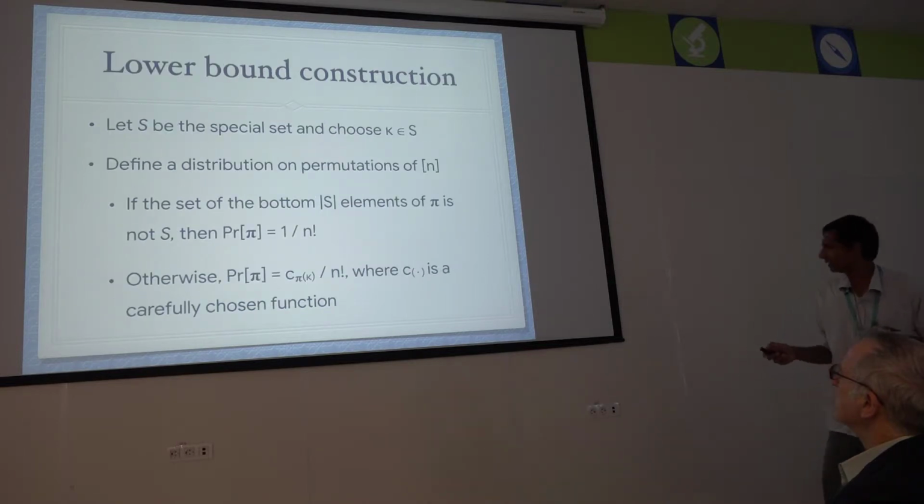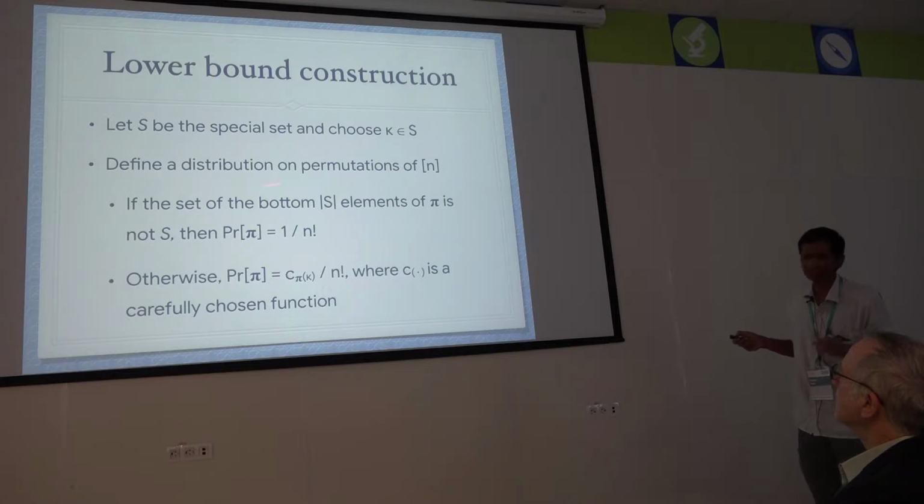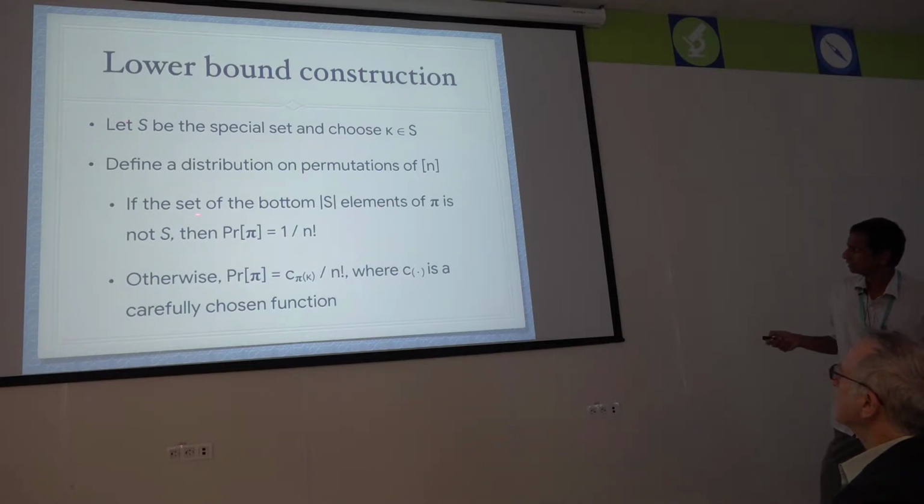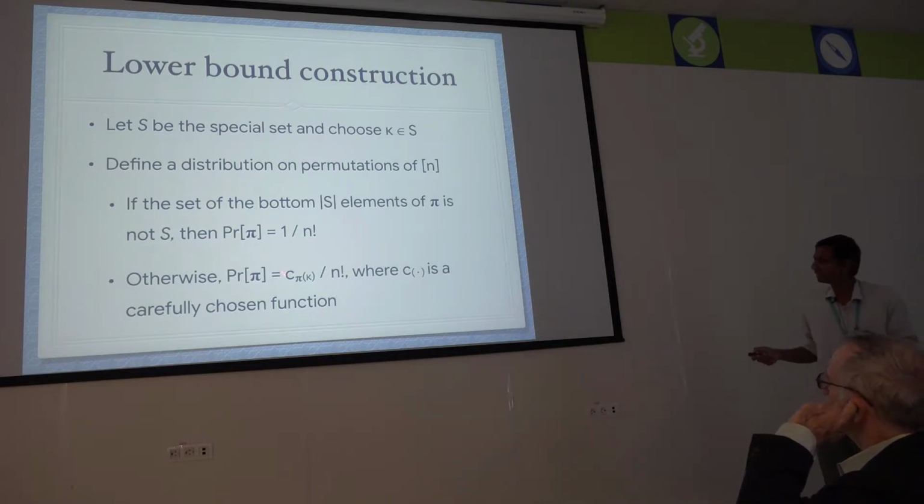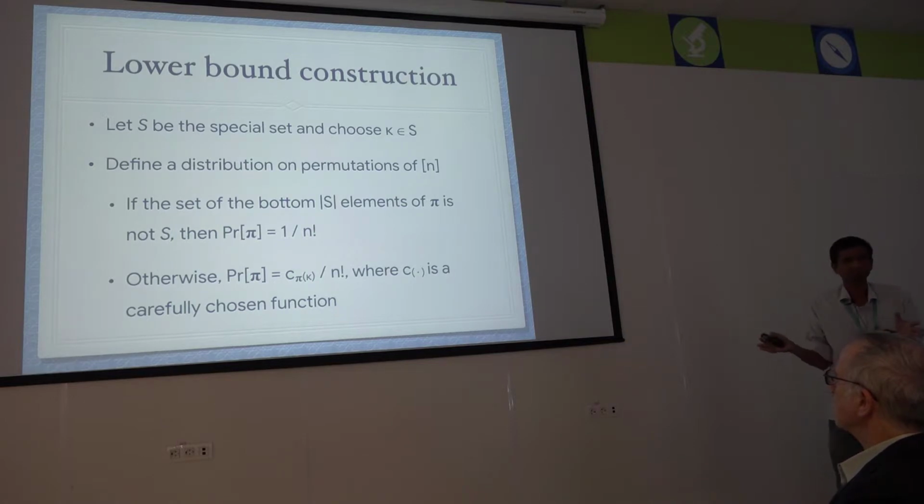And that is by a simple construction, so basically suppose you're given this special set S, you choose some element say kappa in S, and you define a permutation such that if the set of bottom S elements of pi is not the given set, then you make it uniform, 1 over n factorial, otherwise you set the probability of this permutation to be something special.